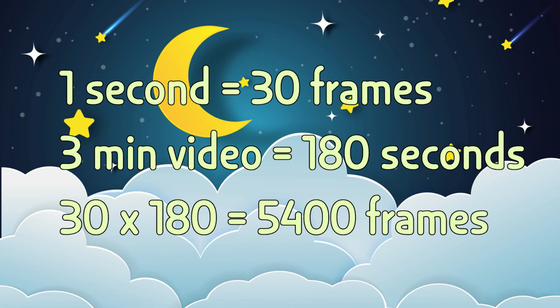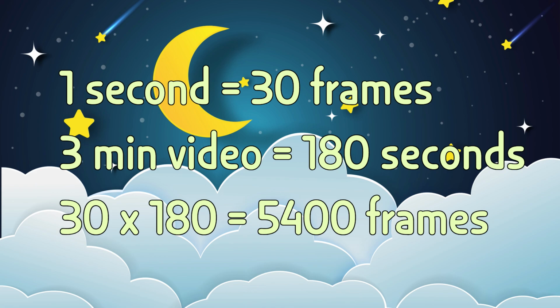In the US, when you make a video, it takes 30 frames to make 1 second of video. And so what we're going to do tonight is save a 3-minute video of the moon. Every second of that video is 30 frames or exposures.